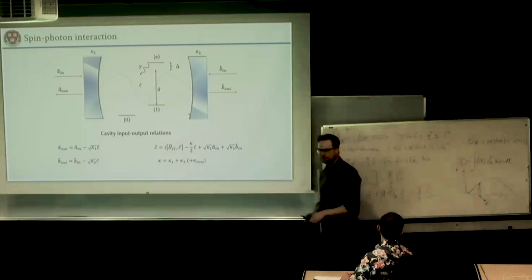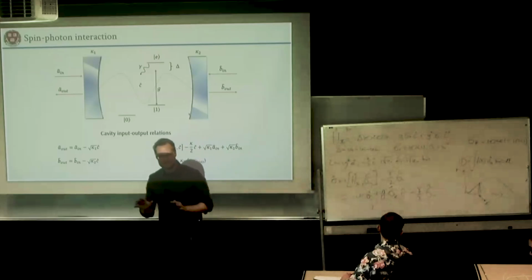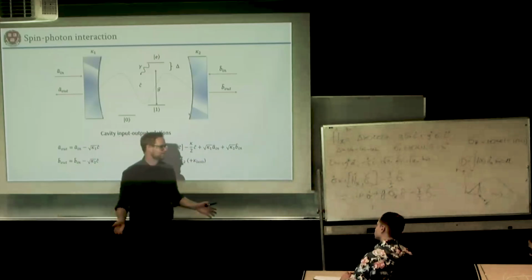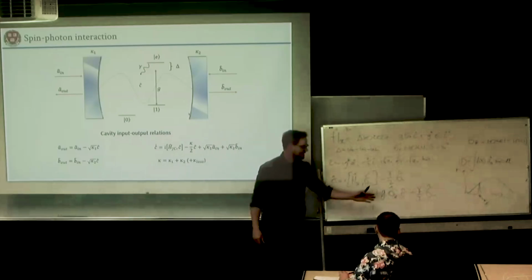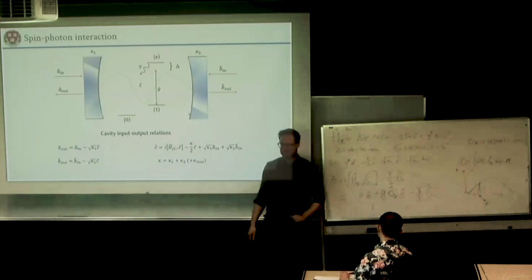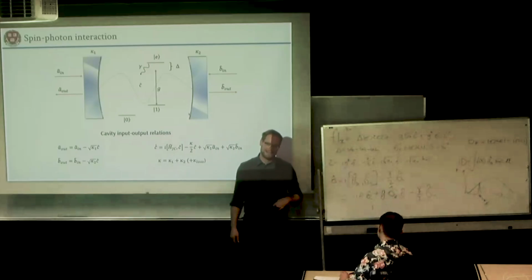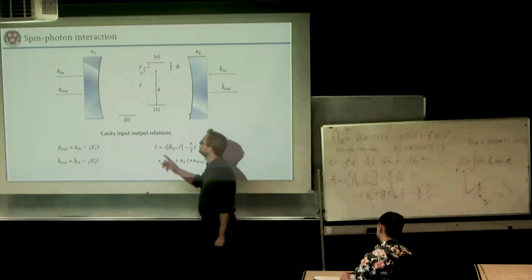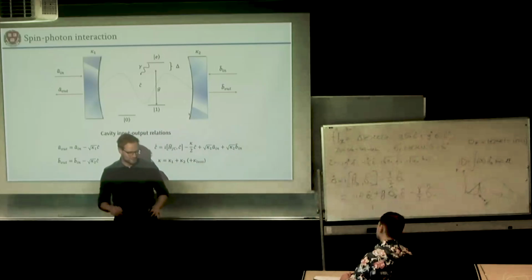We also have the g that can complicate things a bit, but that's kind of what sets your time window here. But if I'm saying that my pulse is long compared to that response time, the probability that I have a photon in the cavity during this interaction is actually kind of small. What does that mean? That means that the probability that I am in an excited state is also kind of small.